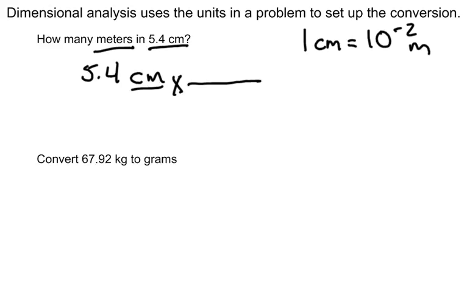Now, once we've set up the problem, we put the unit that we're trying to get rid of on the bottom, and the unit we're trying to convert to on the top. Why do we do that? Let me make a little aside over here. I'll put it in a different color so you know it's not part of the problem. Let's say we have a math problem, 5 times 3 over 5.